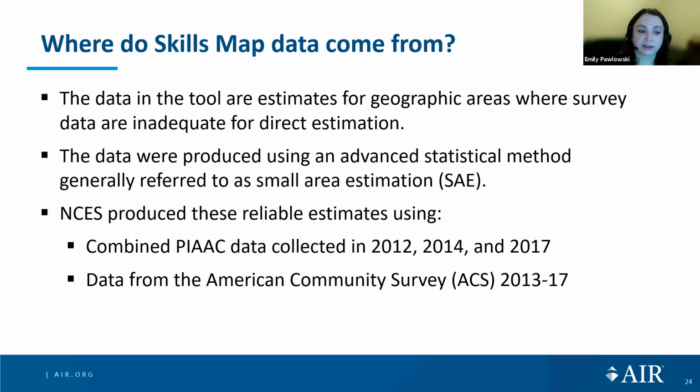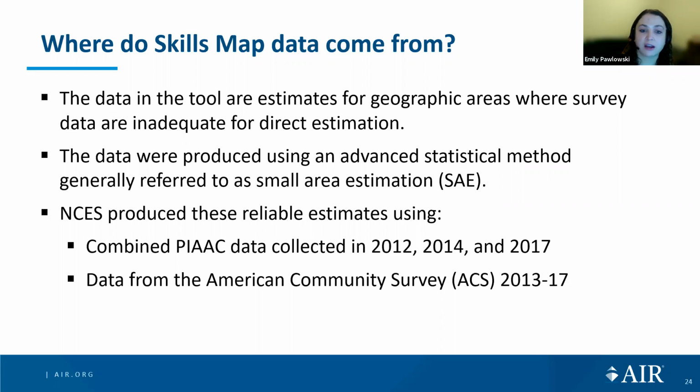The data in the skills map are estimates for geographic areas where the survey data are not adequate for direct estimation. As you saw, the PIAAC sample size is not enough to have data from every county, but there's a statistical methodology, called small area estimation, that allows us to create valid estimates at the state and county level.